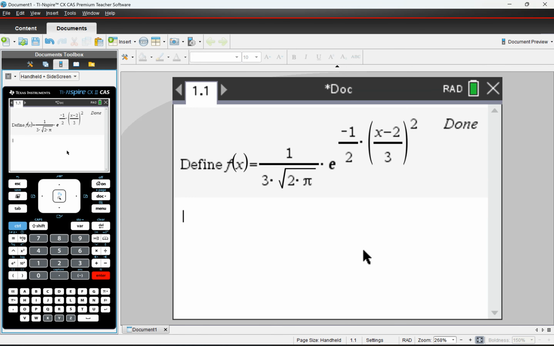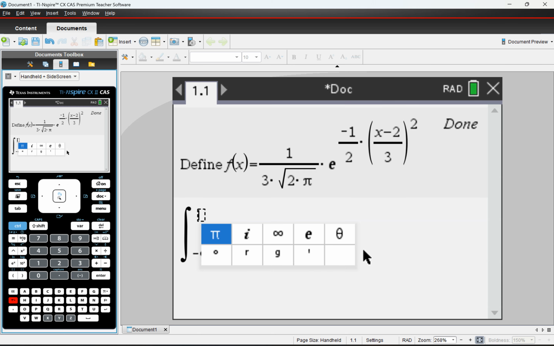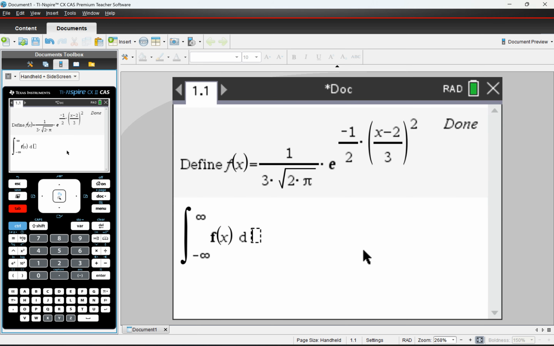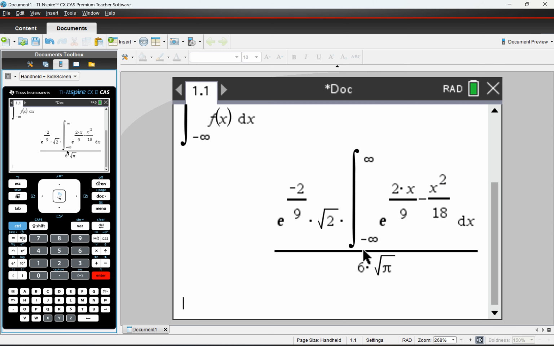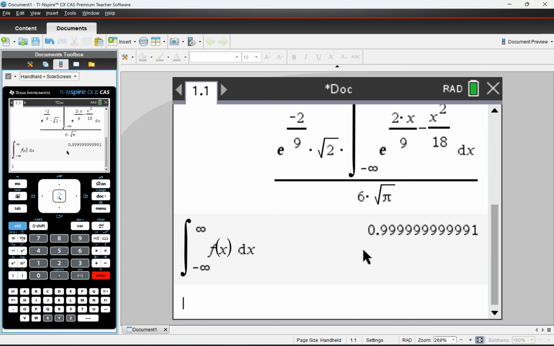Okay. And we're now doing integration from negative infinity to infinity of f of x dx. And it should be approximated to 1. Now, same thing had you done norm CDF.